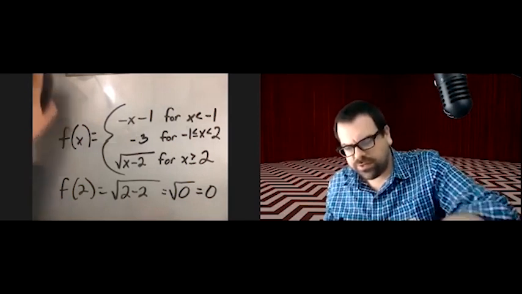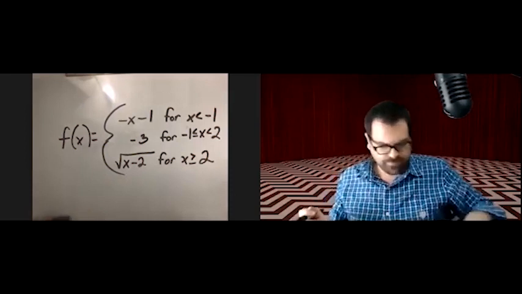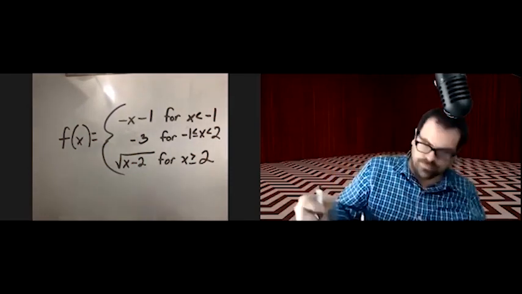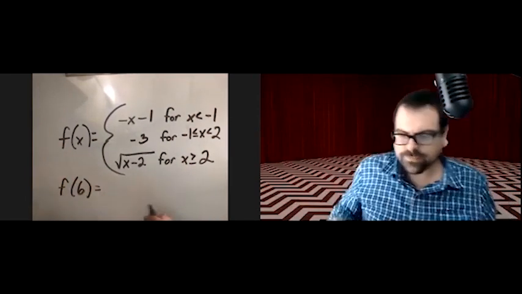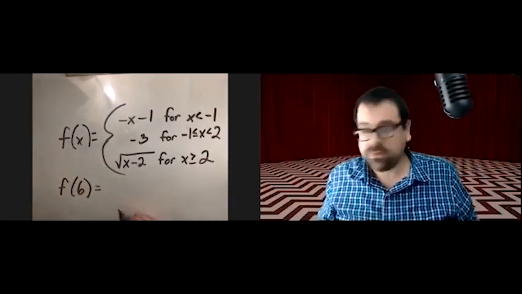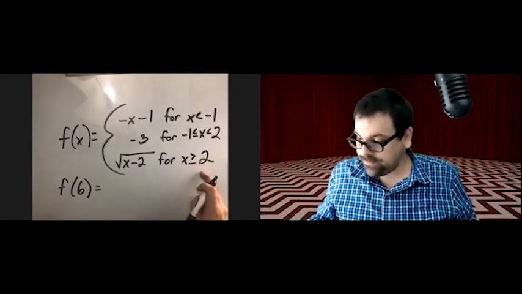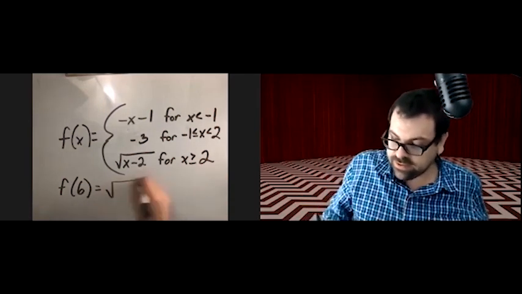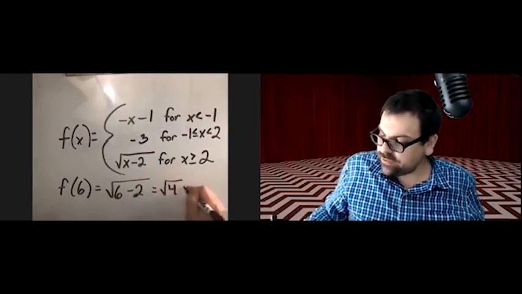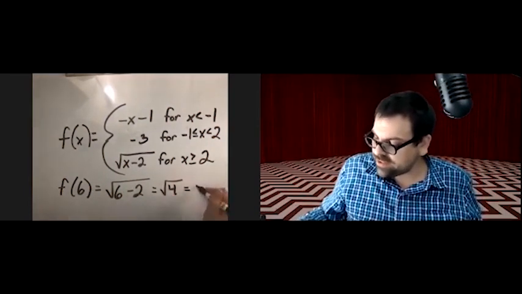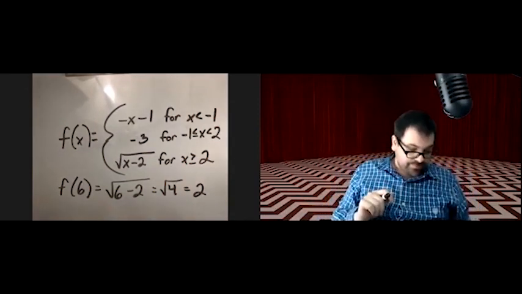Finally, for this function, let's take a look at f of 6. Where does this fall? 6 is greater than or equal to 2. So it's the radical again. Radical 6 minus 2 is radical 4. And since we're just evaluating the symbol, that is the positive version only. F of 6 is 2.